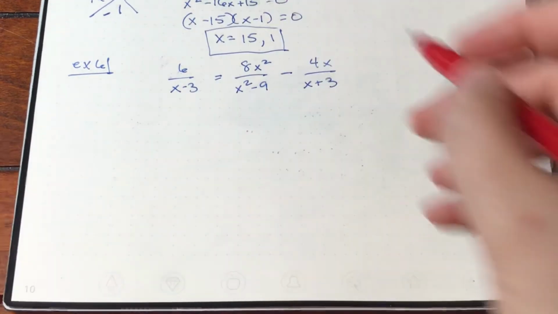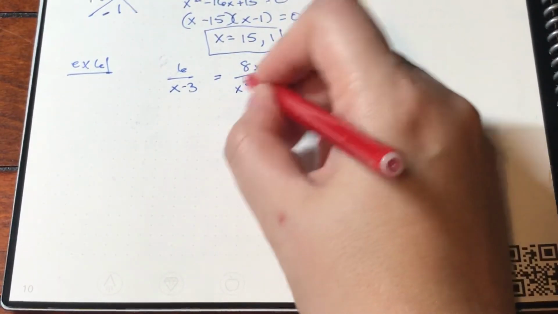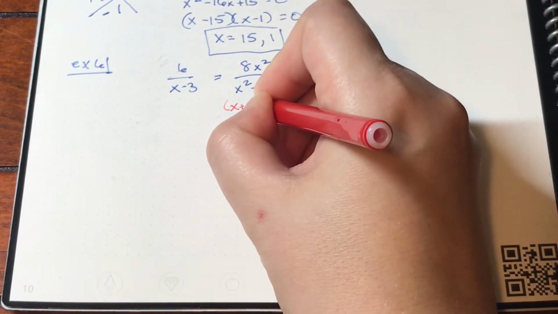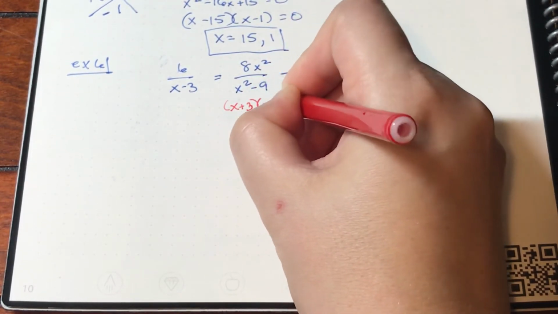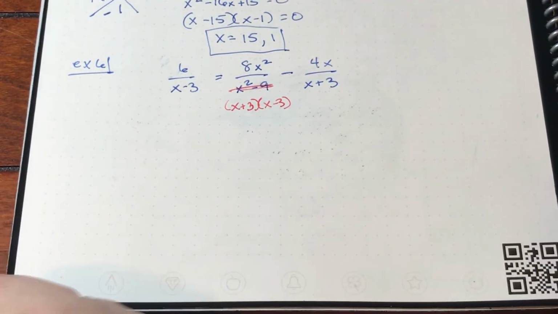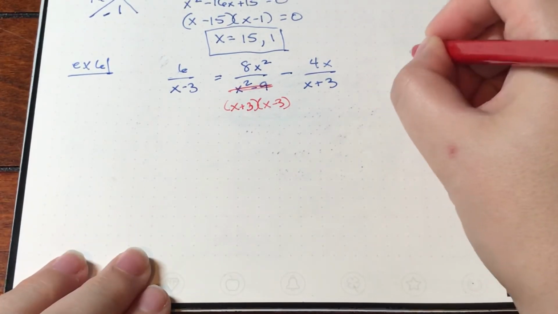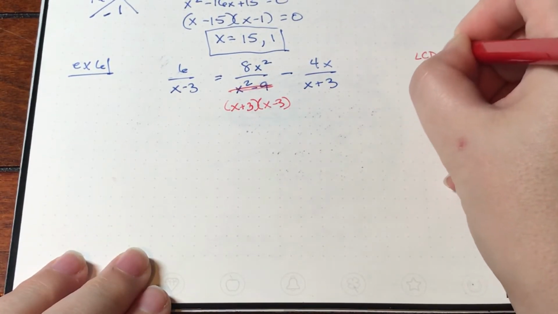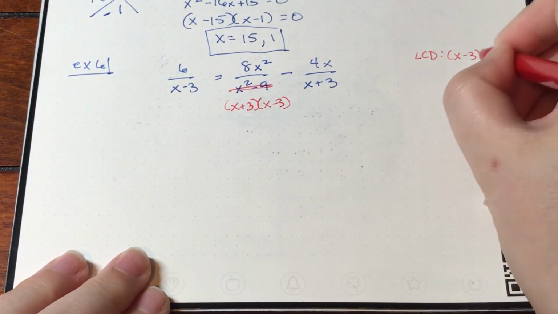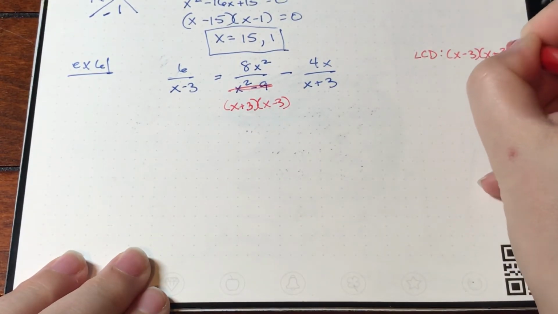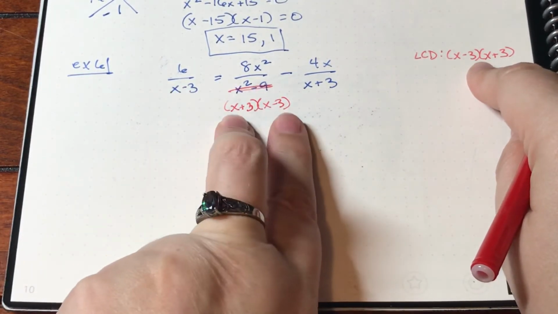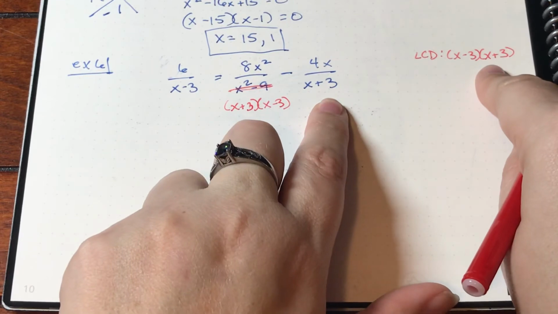Okay, so I see this right here is the difference between perfect squares, so I'm going to rewrite this factored. So now I can see that my LCD is going to be (x - 3)(x + 3), because that would be divisible by the x minus 3, by both of them, and by the x plus 3.